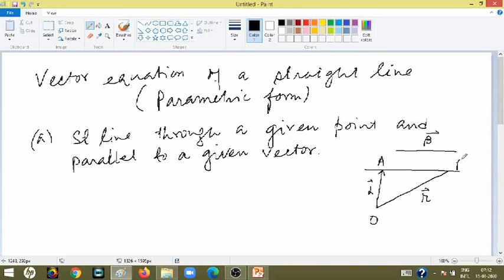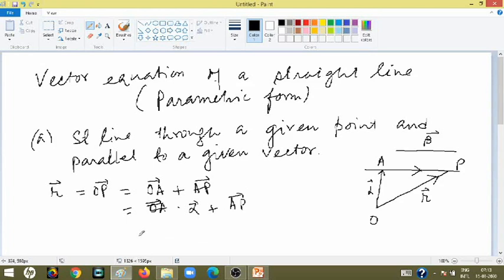Here is A, here is B, this is the direction. Now R equal to OP, this is the resultant. What will it be? OA plus AP, where OA is equal to alpha.